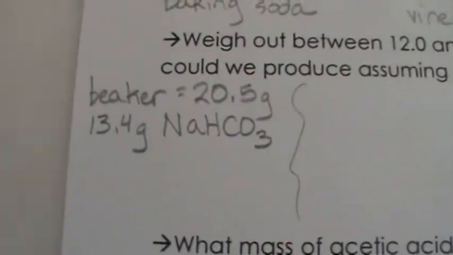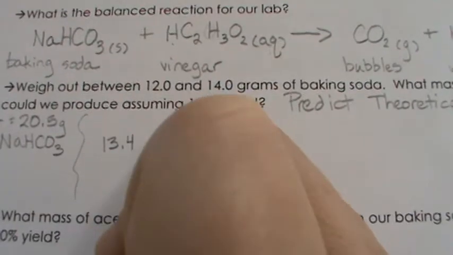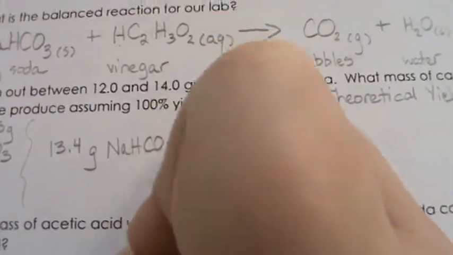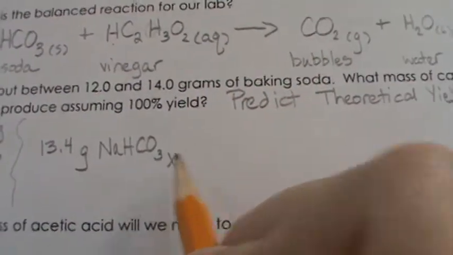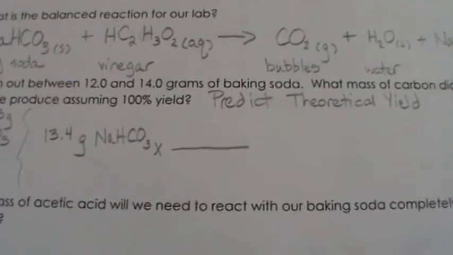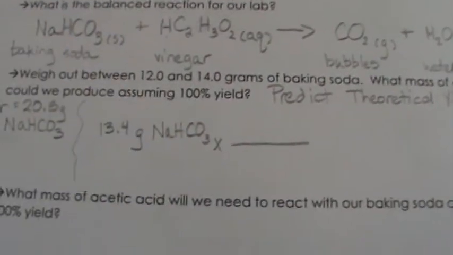So we start with our given, and that's 13.4 grams of sodium bicarbonate. Hopefully while you're watching this, you have already watched the lecture videos for stoichiometry. If you haven't, you're going to wish you had.